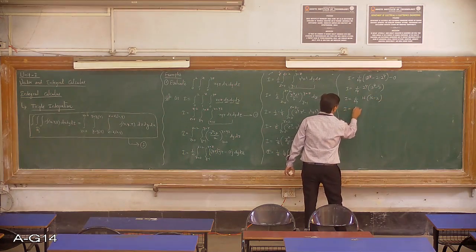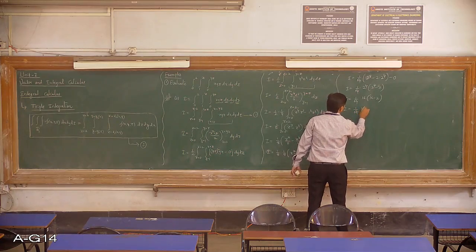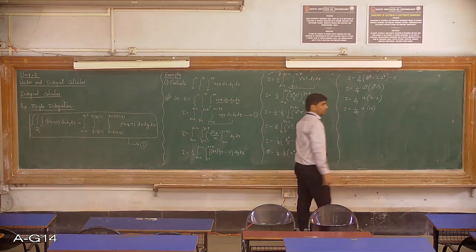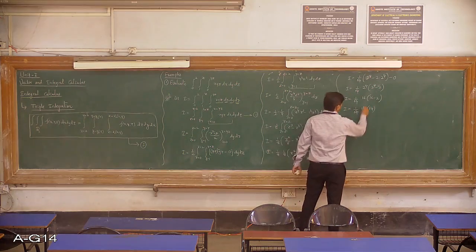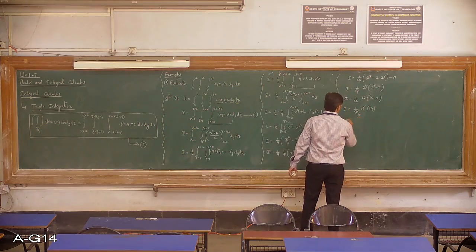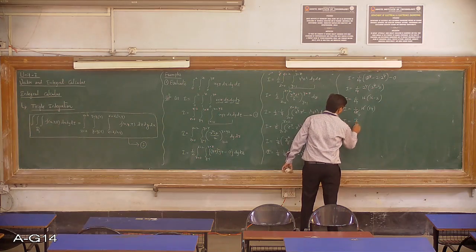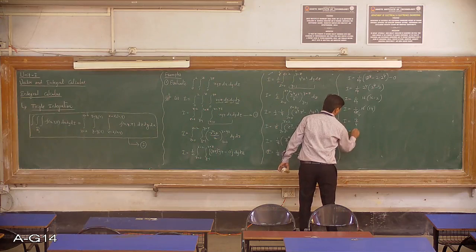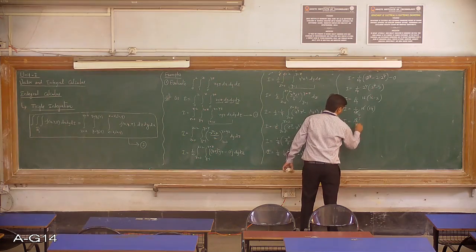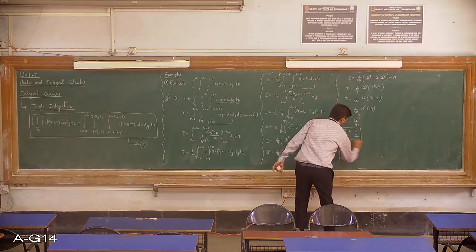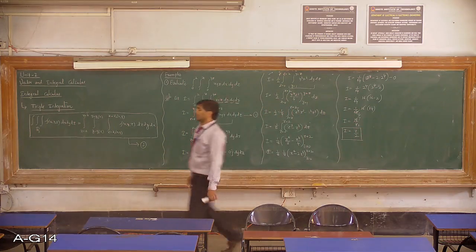That means I equals one by 64 into 16 into 14. So 16 ones are 16, fours are 64, so 14 by 4. That means I equals, 2 sevens are 14, 2 twos are 4, this is 7 by 2. So the final answer is 7 by 2.